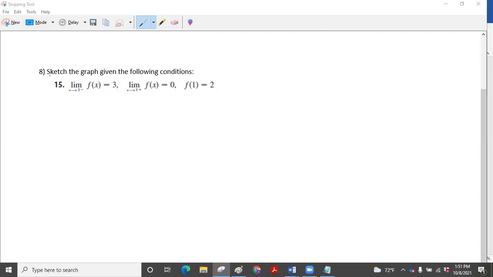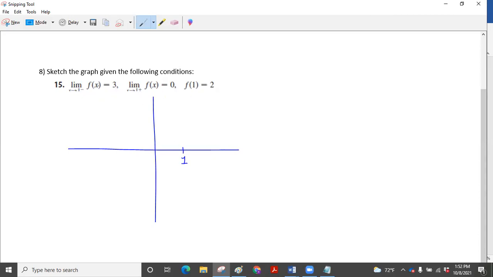This question is asking us to sketch the graph given the following conditions. So we're going to look at our coordinate plane here. And clearly we have x approaches 1 from the left, which means that there is an x value of 1. And then as x approaches 1 from the right, so we already have an x value of 1.